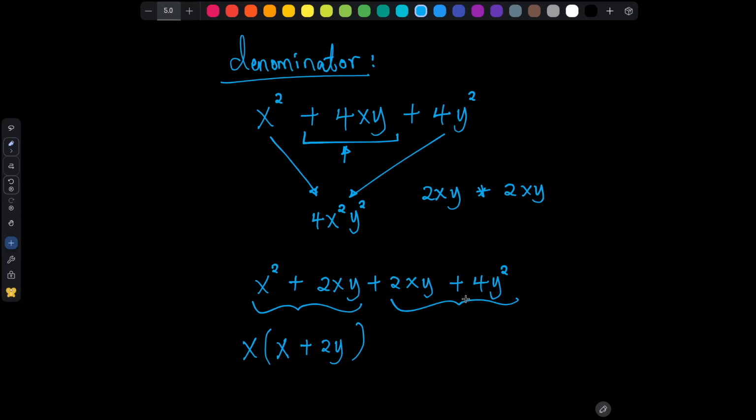Then we come to the second pair. The common factor is 2y, so we factor out 2y. Then 2xy divided by 2y leaves us with x, and positive 4y squared divided by 2y leaves us with 2y.